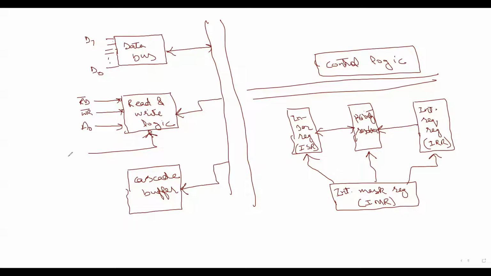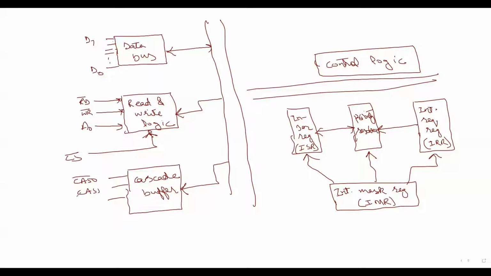Because this chip select is used if we have a memory of multiple chips. Then to which chip we have to go, that is decided by the chip select logic.